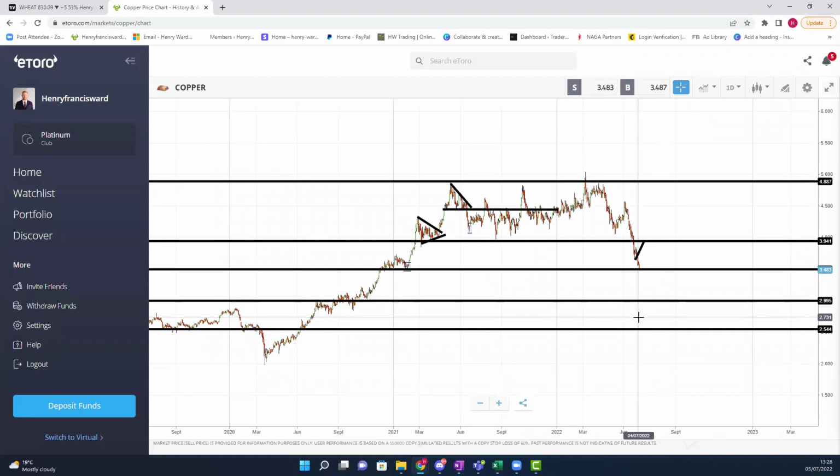If we think we're at the bottom of this, over the next 5 or 10 years, it could be worth buying or getting an ETF with copper in it, or an ETF with some of the copper suppliers in it, buying a little bundle with them, if and when we think it's at the bottom.